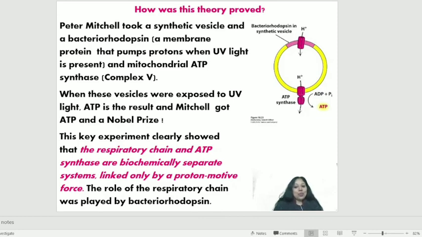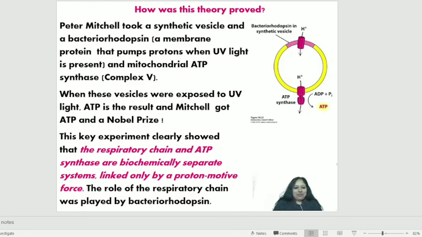After this experiment, Mitchell got not just ATP but also a Nobel Prize. We should be very thankful to him and his colleagues for our current understanding of the synthesis of ATP. He devoted his life to proving this theory.